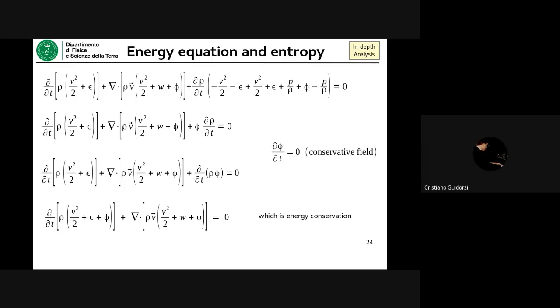The final comment is that when we will be studying shock waves, we'll see that across the shock, entropy is not conserved, while of course energy is.